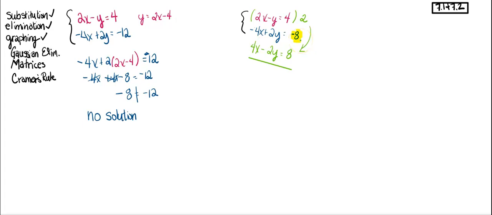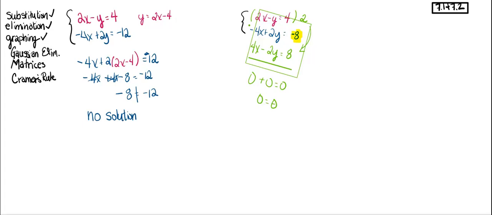Here I took the first equation and multiplied it by 2 so I could eliminate one of the variables, but it ends up eliminating both, because 2x times 2 is 4x, negative y times 2 is negative 2y, and 4 times 2 is 8. So if I take this blue equation and this green equation and add them together straight down, I get 0 plus 0 equals 0. So I have 0 equals 0.